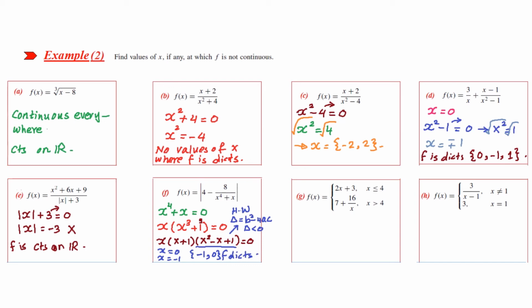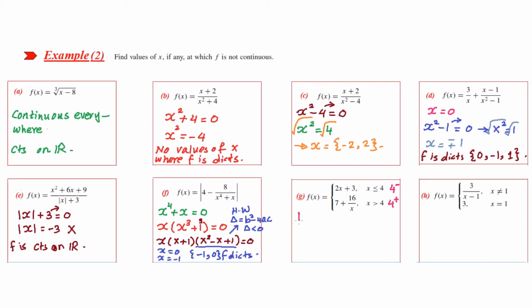On part G, we have less than or equal to 4 and we have greater than 4. Less than 4 means 4 from the left, and greater than 4 means 4 from the right. So we have to check firstly if the function f is continuous at x equals 4.